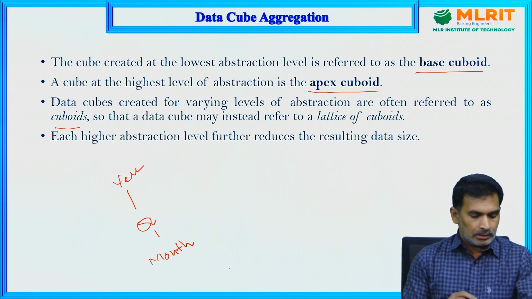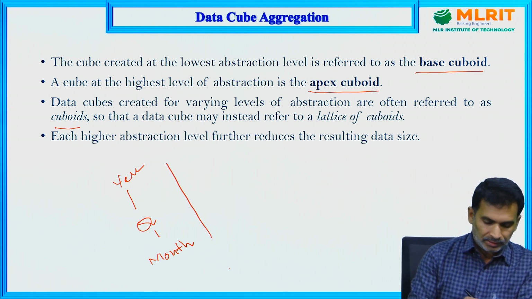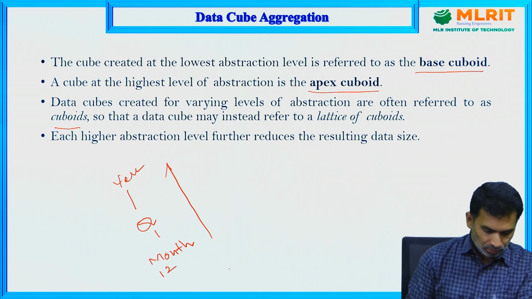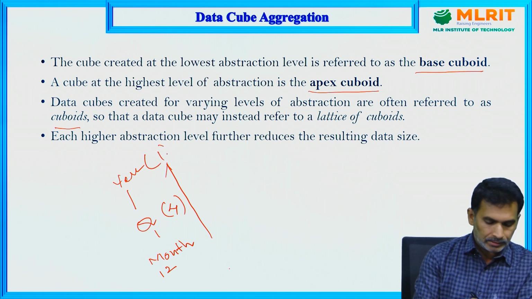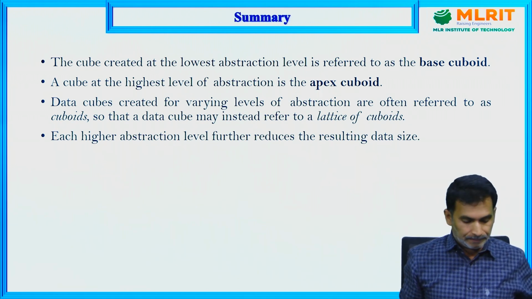When we move from the lower level to the higher level, it reduces the data size, because here we will have 12 months of data, here 4 quarters, and here 1 year. This is the way it reduces the data set size.